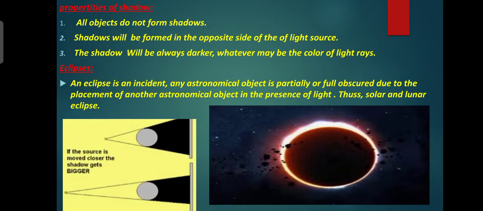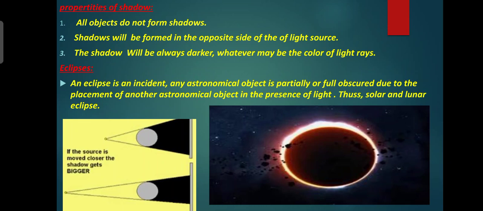This is when an eclipse occurs. It is defined as an astronomical phenomenon that occurs when one spatial object comes within the shadow of another object.